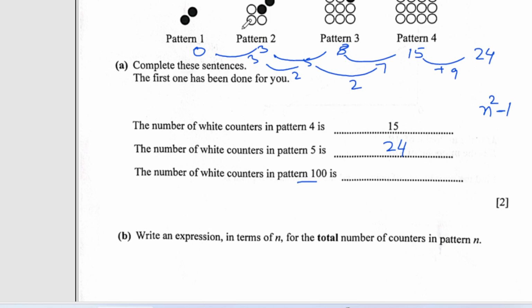So we are going to use this for the 100th pattern. So now for 100, the value of n is 100 squared minus 1, which is 9999 after subtracting. So let me just erase this one here.